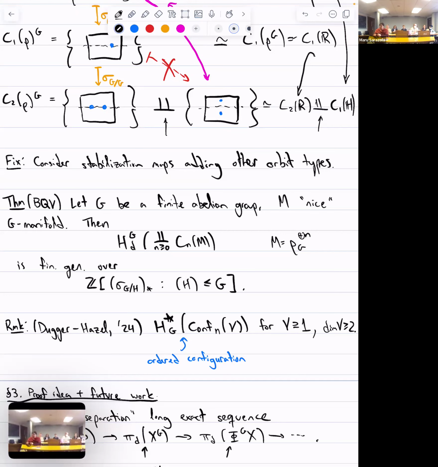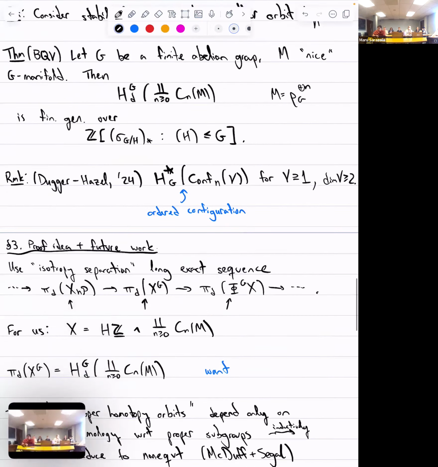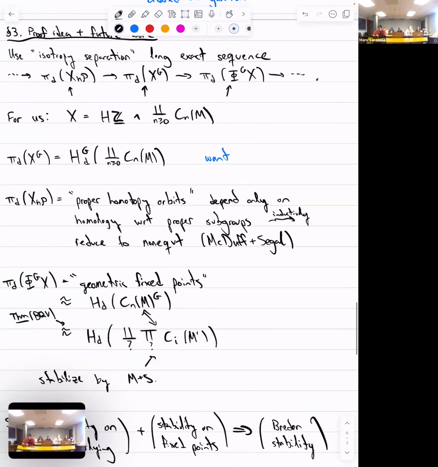JD, I have one question. So at some point you do some reduction to the ordinary stability case. And if I remember correctly, at some point you use this theorem of McDuff and Segal. I know there is recently this theorem by Kaif Hilman who proves an equivariant version of this McDuff-Segal result.